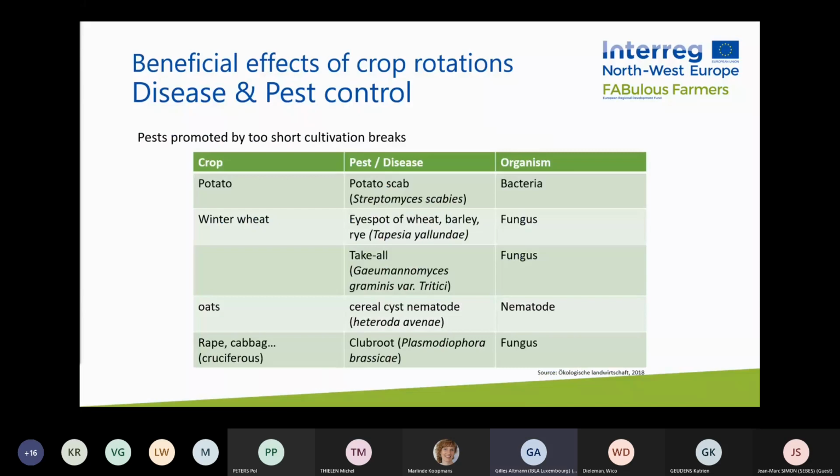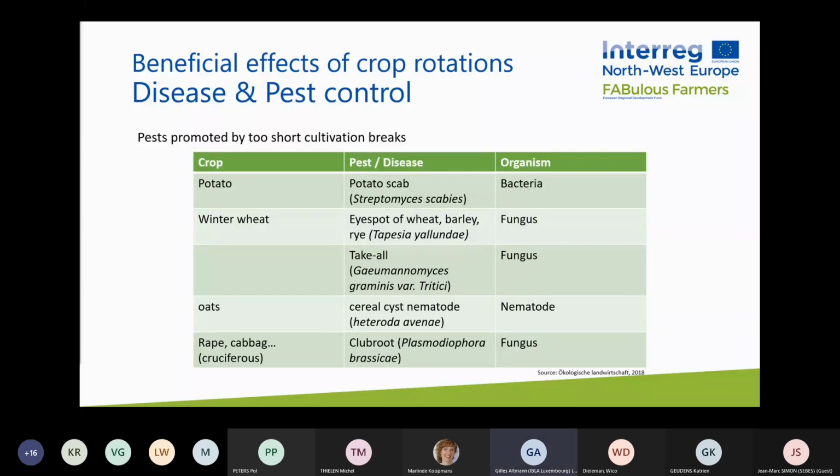So I'll show you another table which gives some examples for pests that can be promoted by short cultivation breaks or short crop rotations in general. So, for example, we have the potato, where bacteria can lead to potato scab. In winter wheat, you have fungus that can cause high pressure and cause eye spot of wheat or barley or rye.